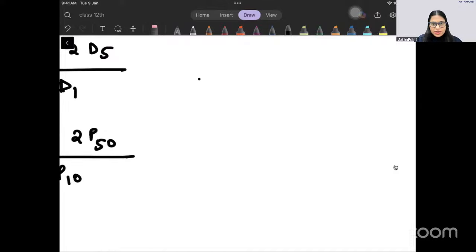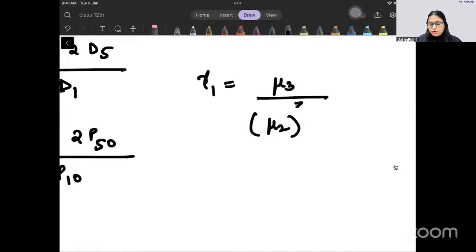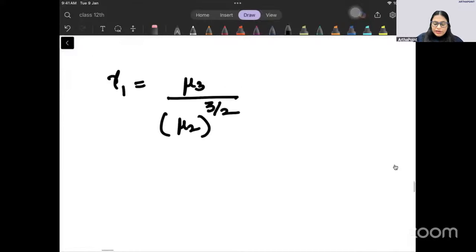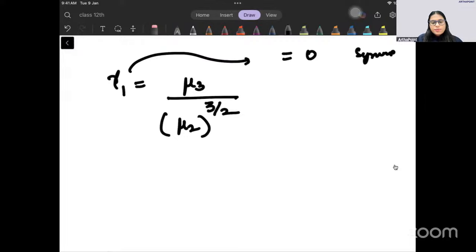Moments अभी हमने बताया ना, so then that can be defined as mu3 upon mu2 to the power 3 by 2, right? If this value is 0, it means it is symmetric. If it is greater than 0, it is positively skewed. Less than 0, it is negatively skewed.